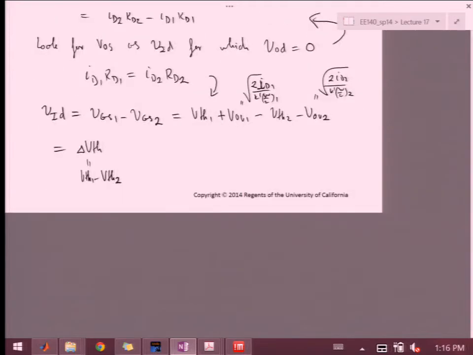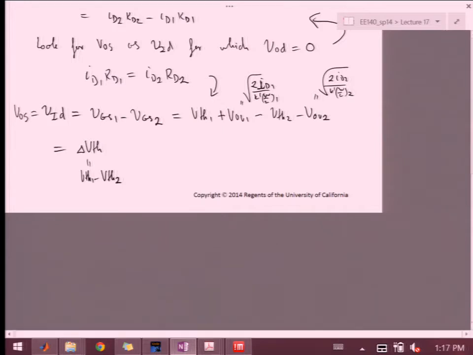Okay. So from here, we have the two overdrives as a function of ID, but we already have a relationship between the currents, which gives us the offset condition, right? So we're going to plug this in. VOS will be equal to this, and then delta VTH plus, and then we replace ID2 with RD1 over RD2 times ID1.